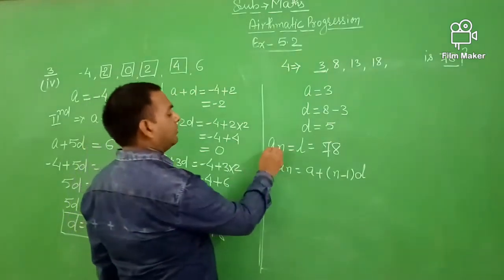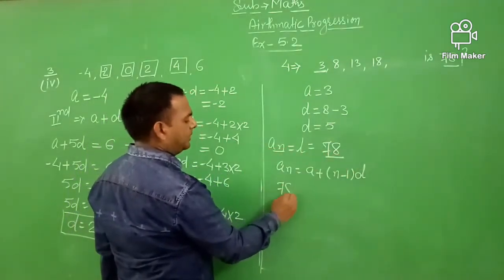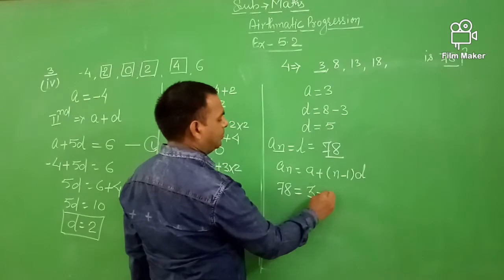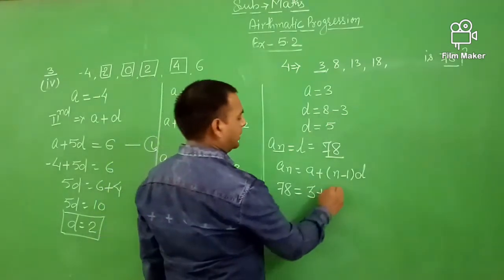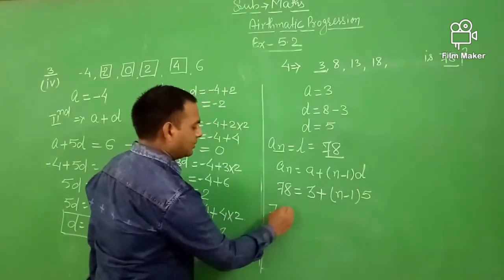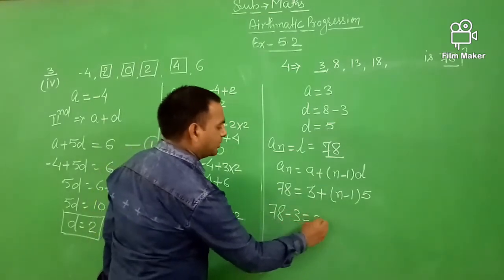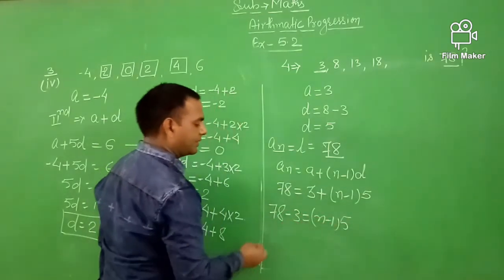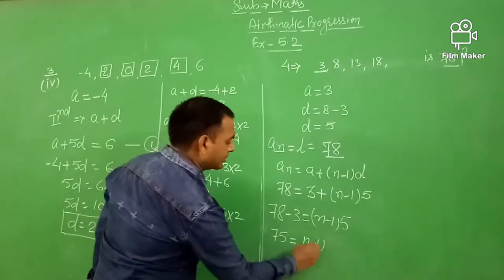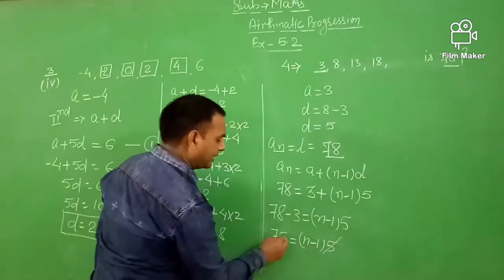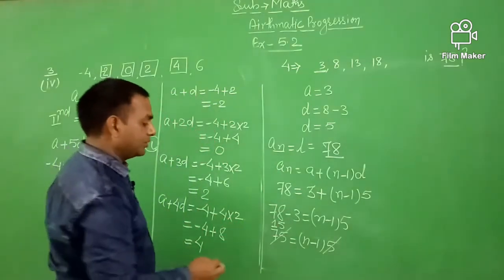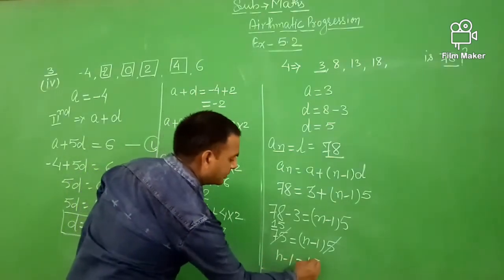You know the value of an is 78, so you put 78 here. 78 is equal to 3 plus n minus 1 into 5, where the value of d is 5. 78 minus 3 is equal to n minus 1 into 5. 78 minus 3 is equal to 75, which is equal to n minus 1 into 5. 5 fives are 25, so n minus 1 is equal to 15.